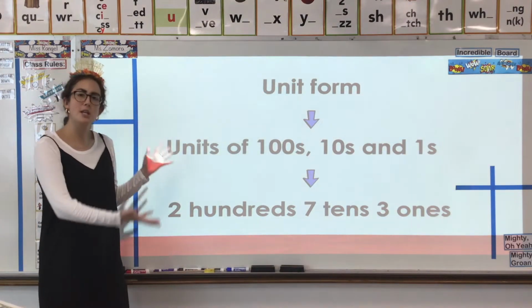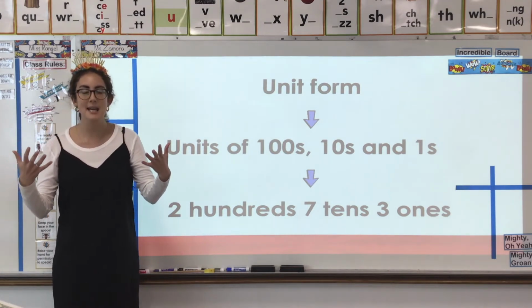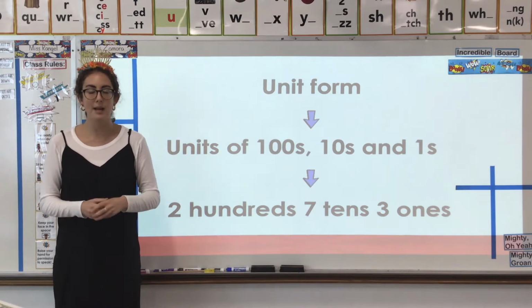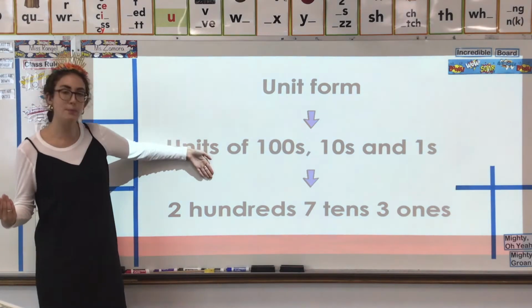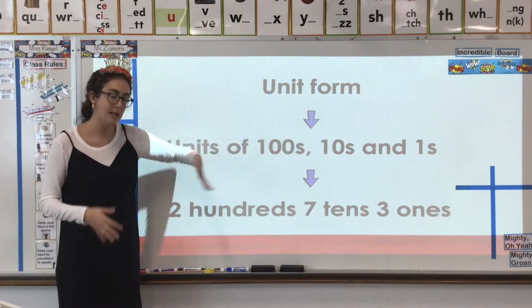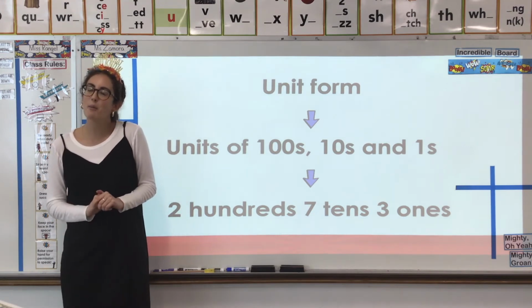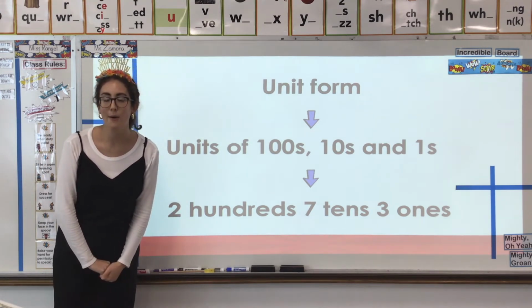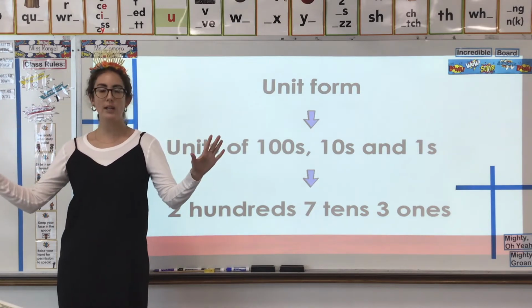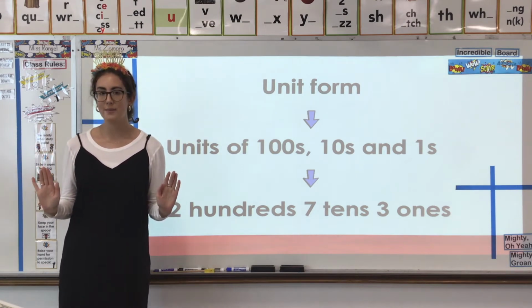In the traditional unit form, we can easily see how many units of each are in a number. It's already nicely broken up for us into hundreds, tens, and ones. But that's not always going to be the case. We're not always going to get a number that's nicely broken up already for us into the 3 units.